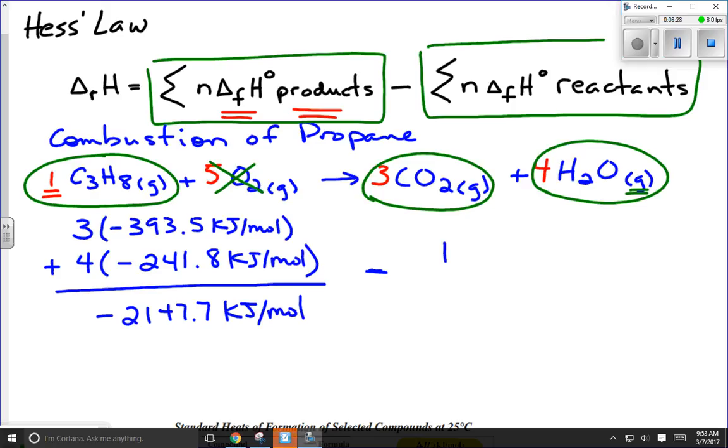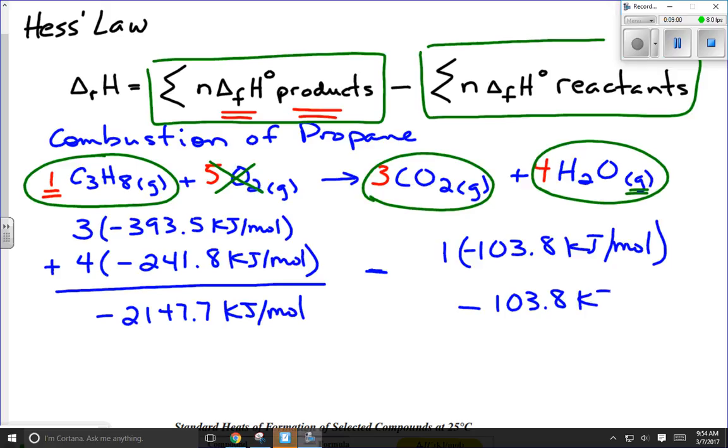We're going to have 1 mole times, for propane, C3H8, I just have to look it up off my table again, and it is negative 103.8 kilojoules per mole, and of course 1 times anything is just itself, so this will just be negative 103.8 kilojoules per mole.